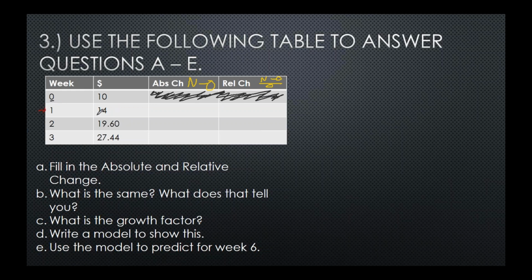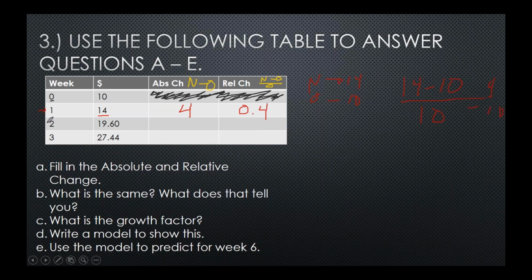If we're talking about week 1, our new value would be 14. And the old is always the most previous, so our old value would be 10. So to find my absolute change, I would take 14 minus 10, and that would give me an absolute change of 4. To find my relative change, right, new minus old divided by old, so I'm just going to put that over 10. I end up with 4 over 10, and my relative change is 0.4.